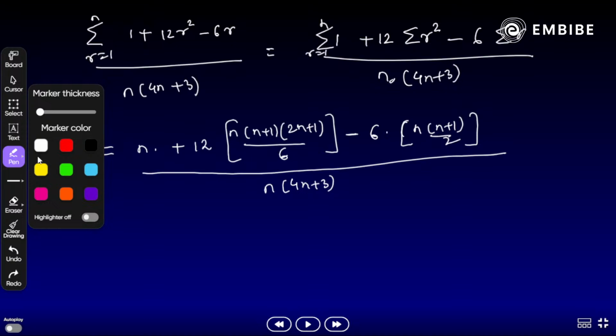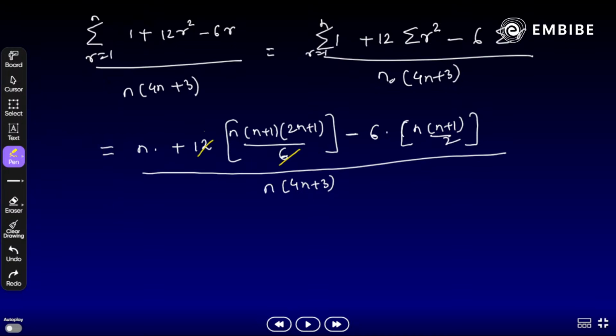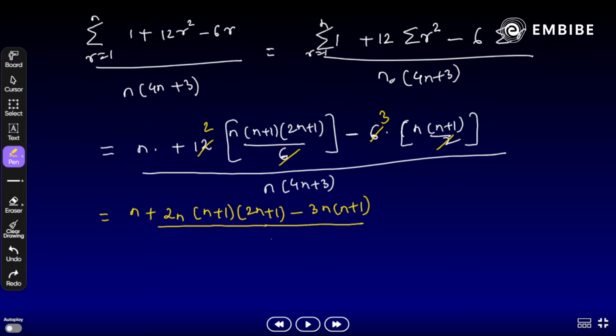Now we can cancel out here, easily eliminate the constants 2 times and 3 times. So we get n plus twice of n times n plus 1 times 2n plus 1 minus 3n times n plus 1, and whole divided by n times 4n plus 3 here.